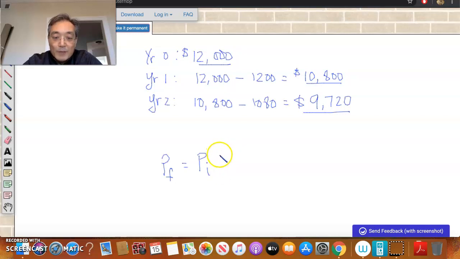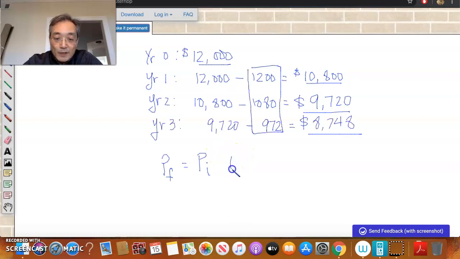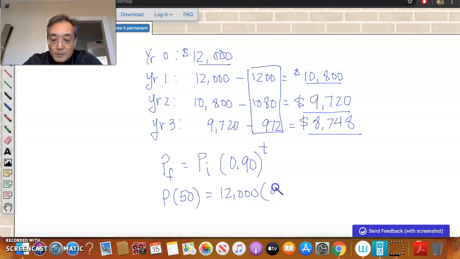Now, if we're losing 10%, then what are we going to have left? Well, we're going to have 90%, correct? We're going to have 90% of the car left, and raise it to the t power. So let's see what happens. What's the price of the vehicle after 50 years? Well, it's going to be $12,000 times 0.90 raised to the 50th power.